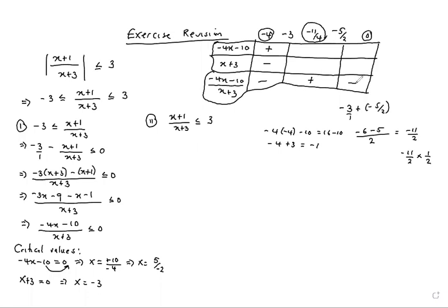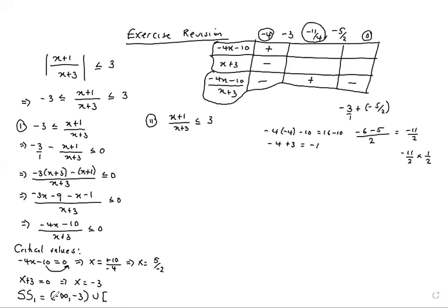So we want where this guy is less than 0, less or equal to. So our solution set 1 is going to be from -infinity up to -3. -3 is coming from a denominator, so we cannot include it.